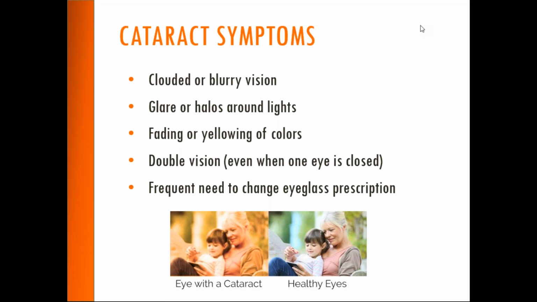Another thing a lot of folks notice as they get cataracts is a frequent change in their glasses prescription, whereas normally maybe they got by for 2 or 3 years without having to change it, they suddenly find themselves having to change it every 6 months or something like that. The schematic at the bottom of the eye gives you an idea of color desaturation with a cataract there. Okay, next slide, please.